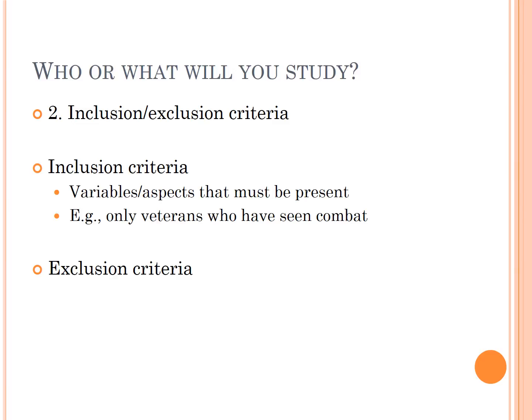Exclusion criteria are defined as those factors that might disrupt the conclusions you can draw from your sample. And so individuals with those characteristics are excluded from your study. So for instance, you might decide that you want to examine a sample or a population of individuals who have some sort of neurological impairment.